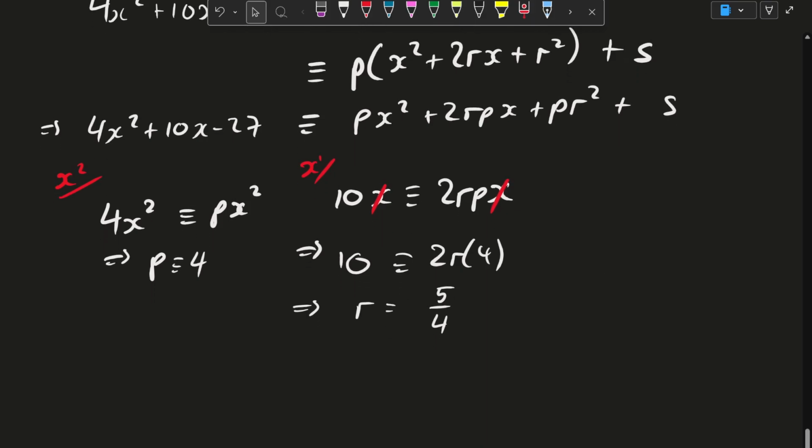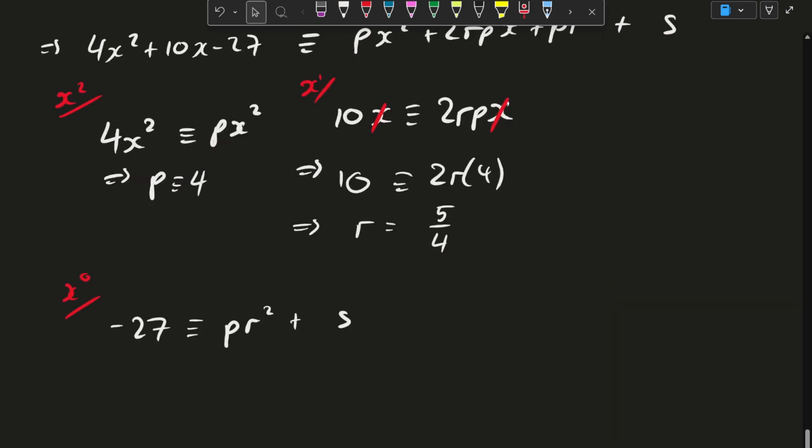Okay, now we're going to move on to the last one, the x to the 0 terms. On the left-hand side, we have negative 27. And on the right-hand side, we have the quantity pr squared plus s. Now, I am going to have to use a calculator for this, just to be doubly certain.